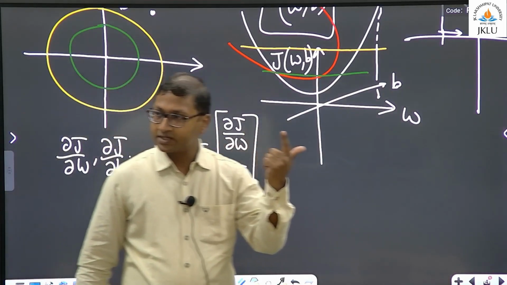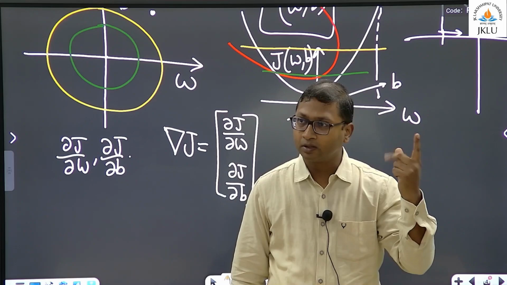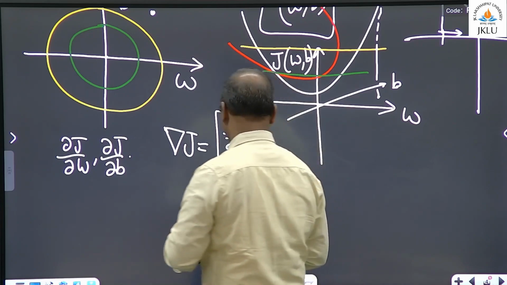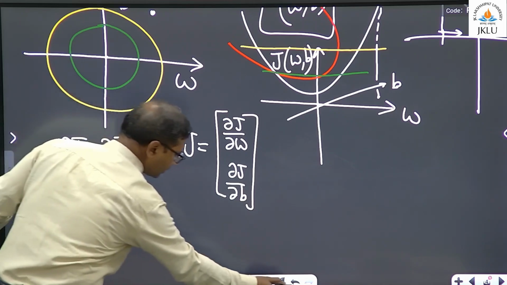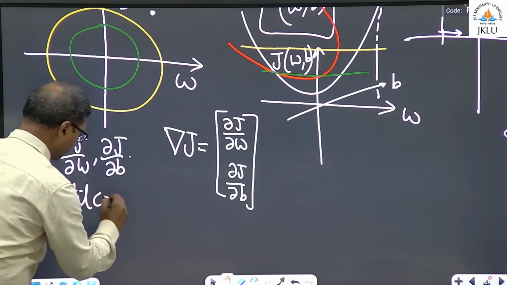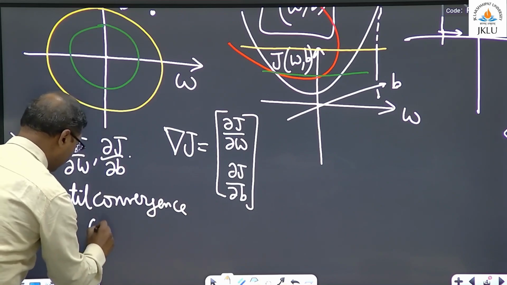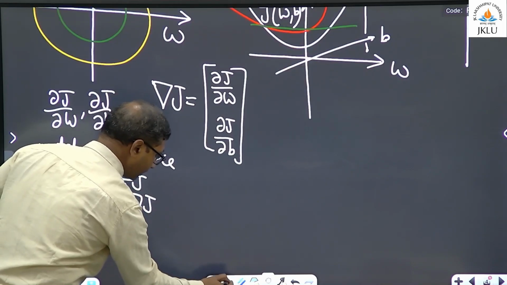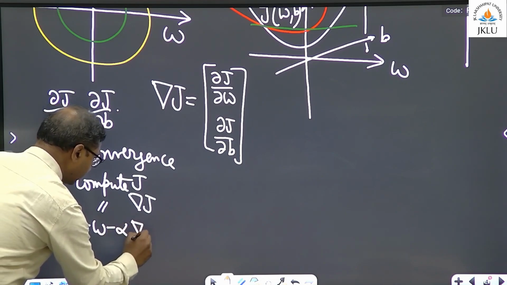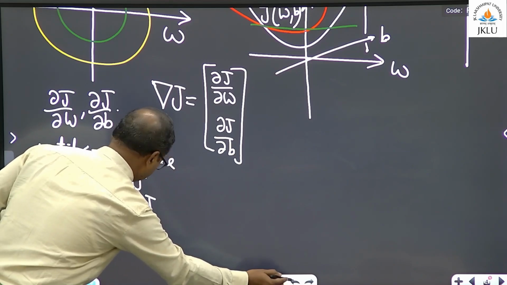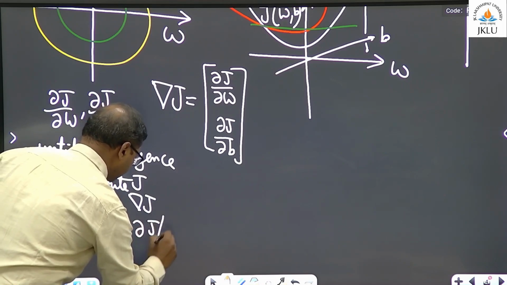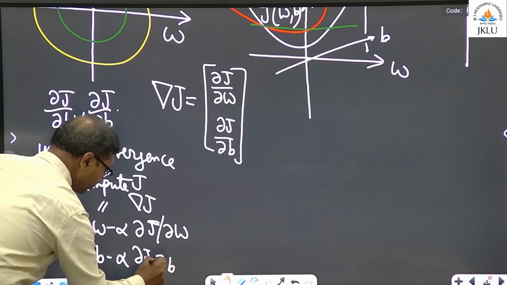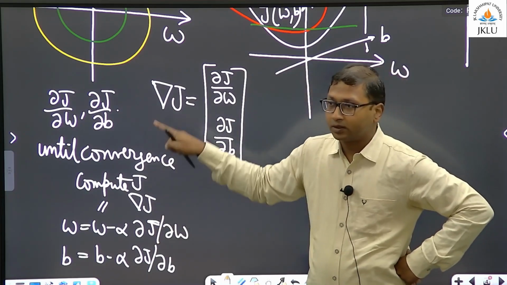So repeat those things until convergence: compute J, compute grad J, and then I will have W equal to W minus alpha grad J. This is how my training loop looks like.